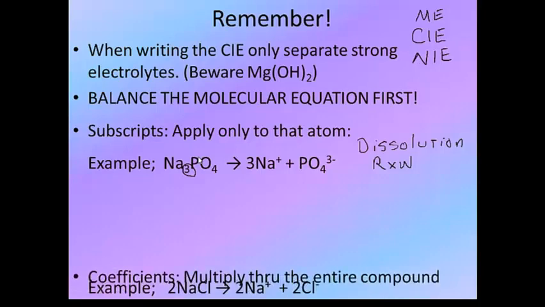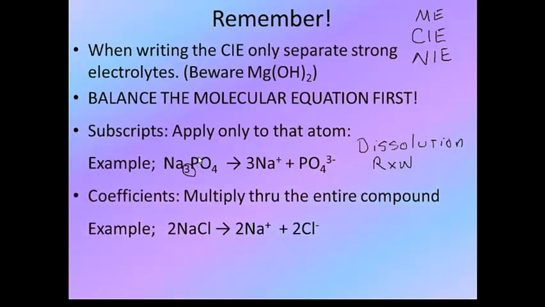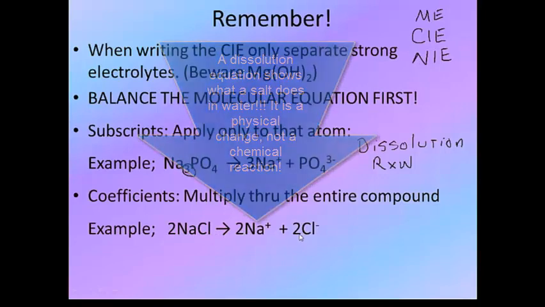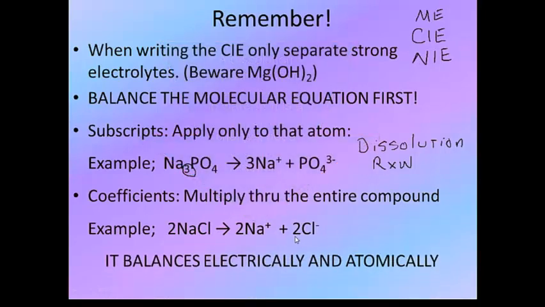Pertaining to coefficients, a coefficient gets multiplied through the entire compound. For example, 2 sodium chlorides, 2 sodiums, 2 chlorides. Again, notice, always balanced electrically and atomically.